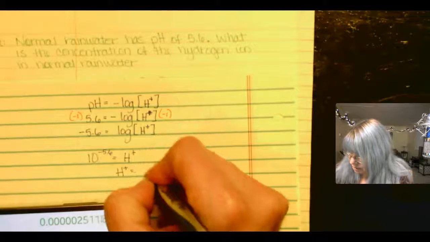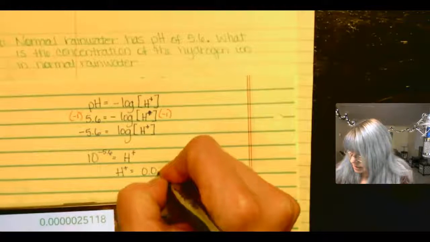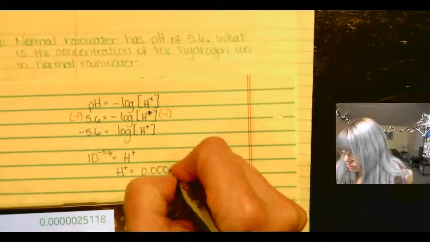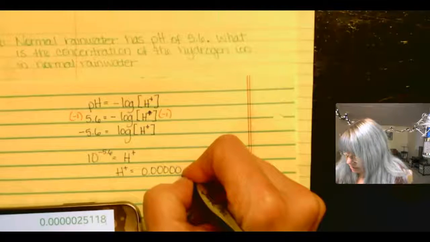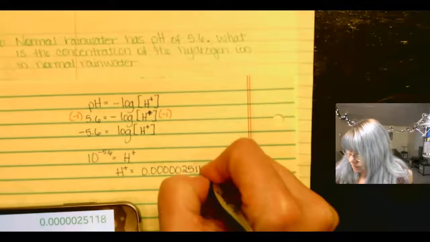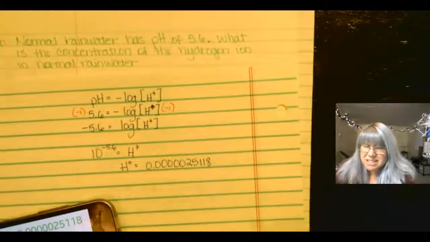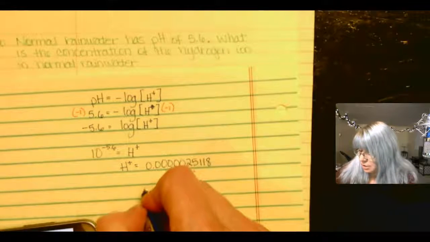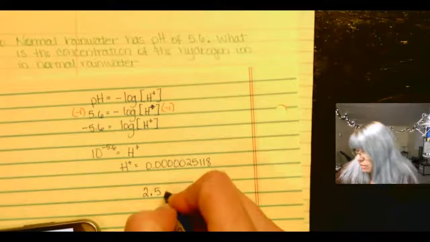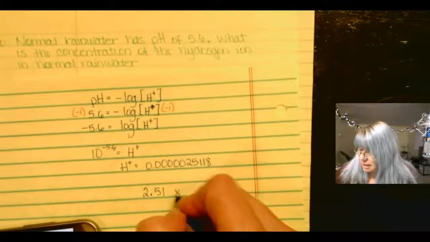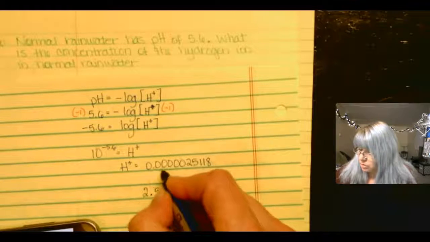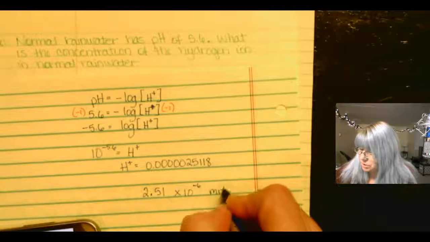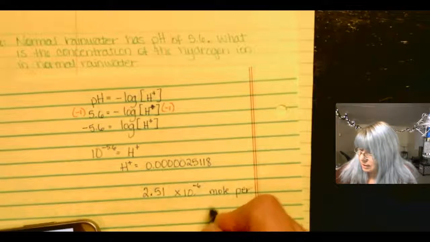So our answer is going to be 0.0000025118, counting the zeros: 1, 2, 3, 4, 5. And just because it's chemistry, I do know they write things in scientific notation, so that's going to be 2.51 times 10 to the negative 6 moles per liter.